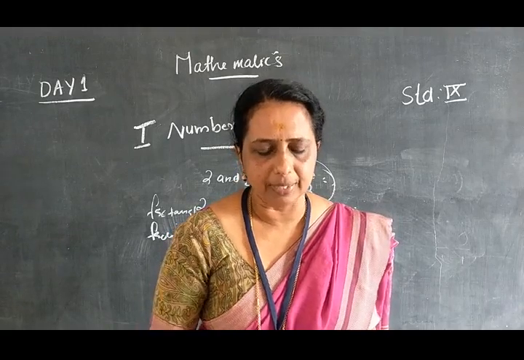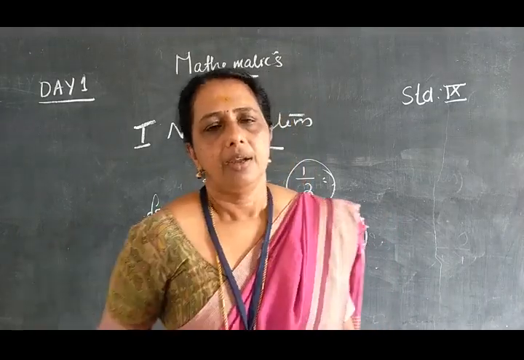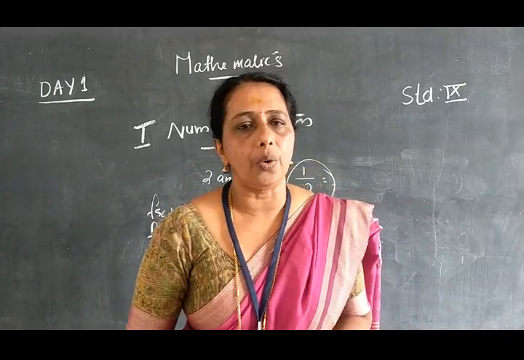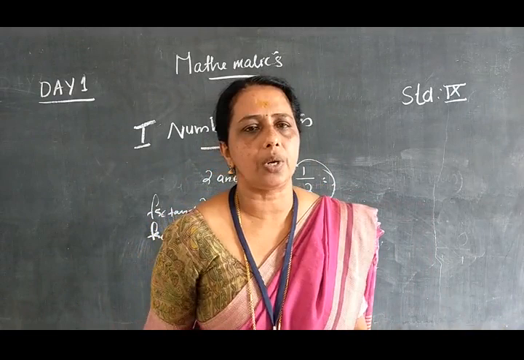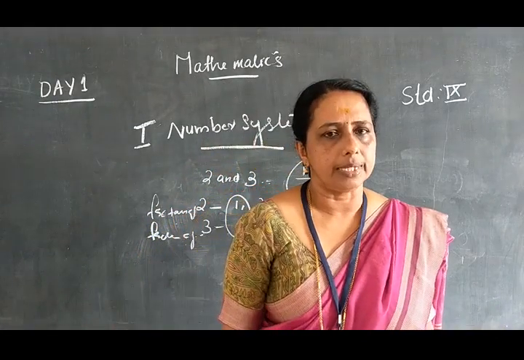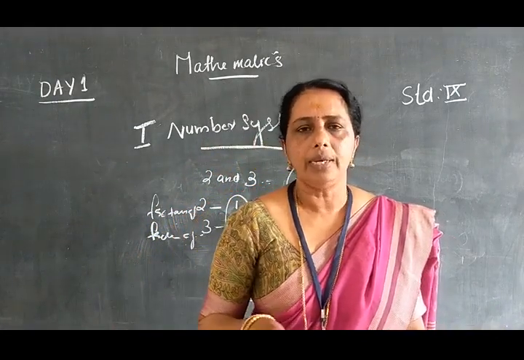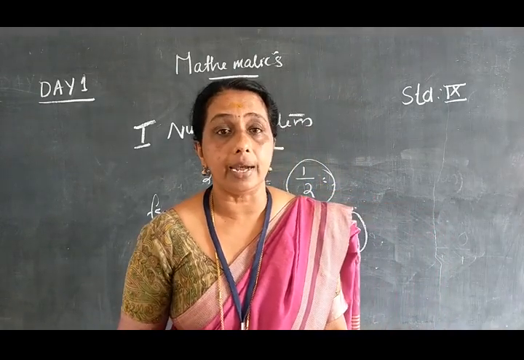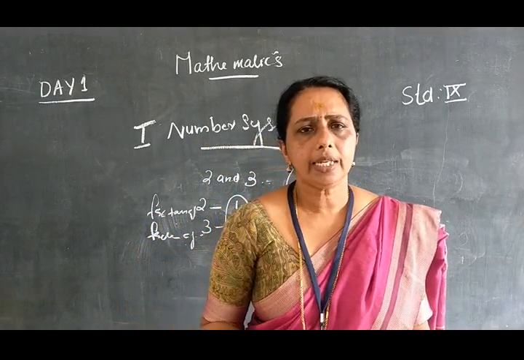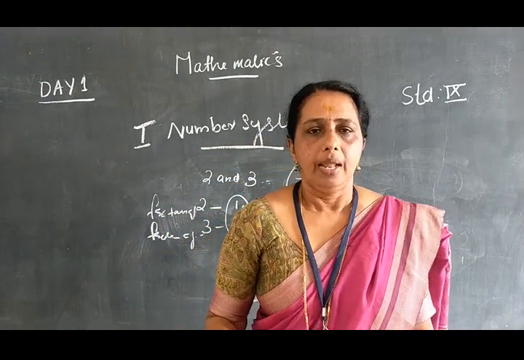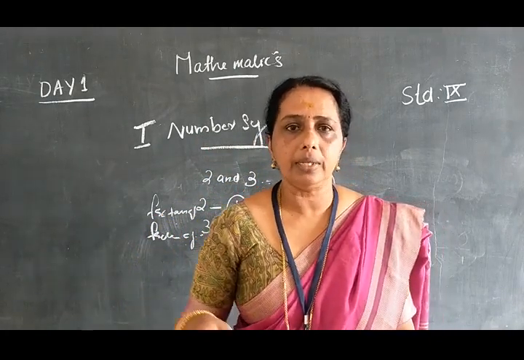So I have explained this introduction. Types of numbers. First one is natural numbers or counting numbers. The collection of numbers 1, 2, 3, 4, etc. is called natural numbers. Second one is whole numbers: natural numbers including 0.